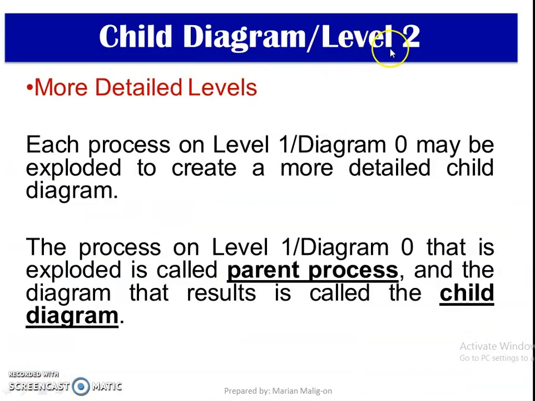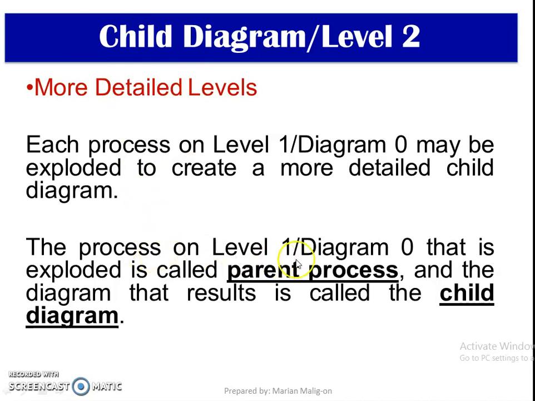Level 2, or the child diagram, is a more detailed level. Each process on level 1 or diagram 0 may be exploded to create a more detailed child diagram. The child diagram or level 2 is just optional. If in level 1 you still need to break down a certain process because the process is still big, then you can create a level 2 for that particular process.